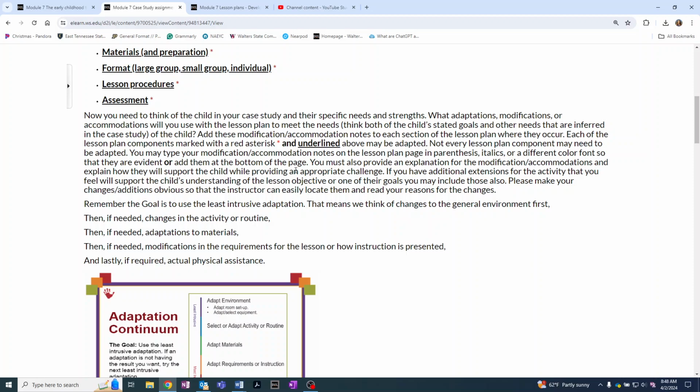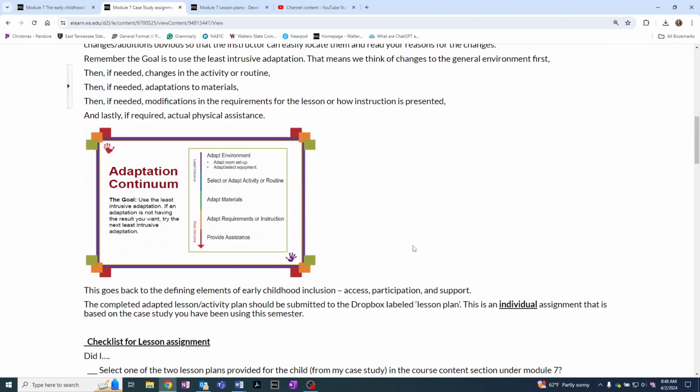Okay, so remember, you've got to make changes or modifications, but I need to be able to see what those are easily by just looking at it. That's why we say to do a different color ink or maybe do it in italics, just some way I can see the difference between the original lesson and then your modifications.